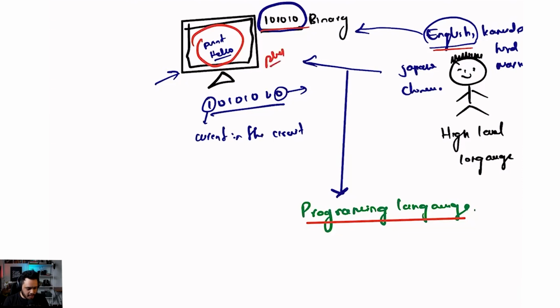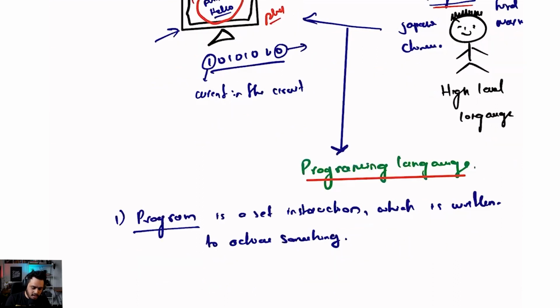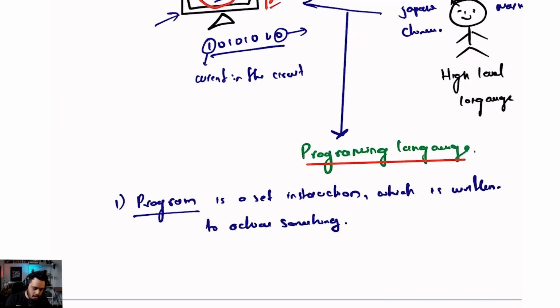So program is a set of instructions which is written to achieve something, or I can even say a specific task.